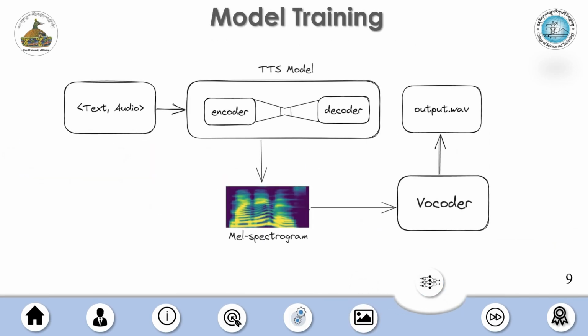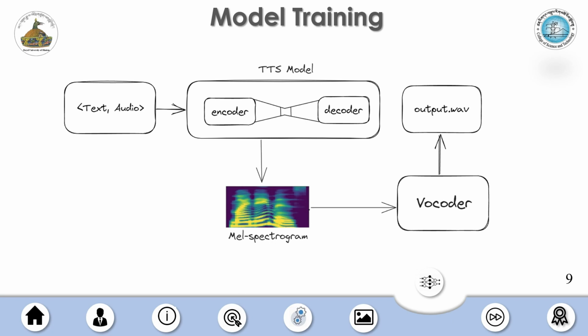For training our TTS model, we utilized an advanced architecture that consists of an encoder, a decoder, and a vocoder. The encoder component extracts high-level linguistic features from the input text. It analyzes the phonetic and linguistic patterns present in the text, capturing important information such as intonation, stress, and duration.